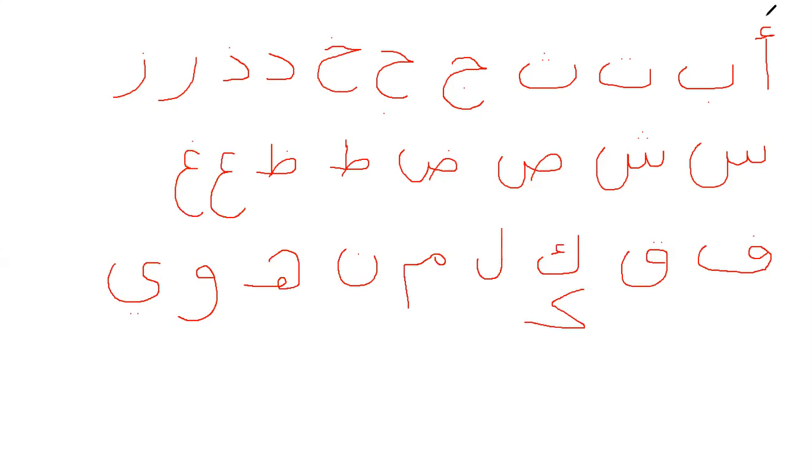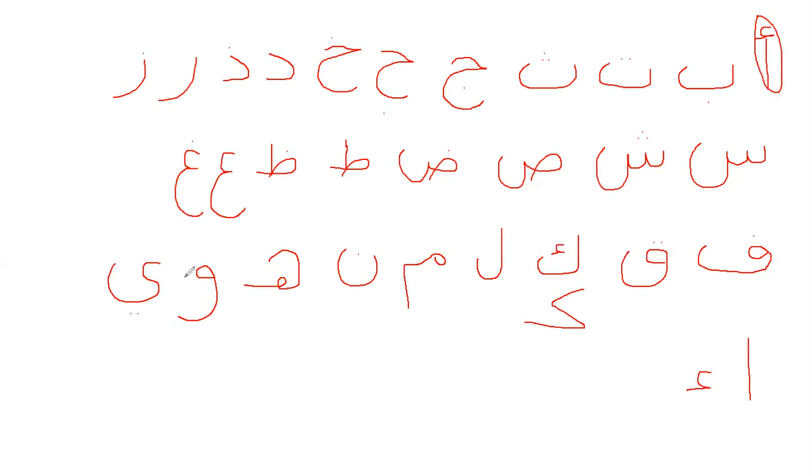Some people separate this letter in the alphabets and kind of separate it into, I'll put it down here. This is called an alif without this part, and then they'll add this part to the end of the alphabets.